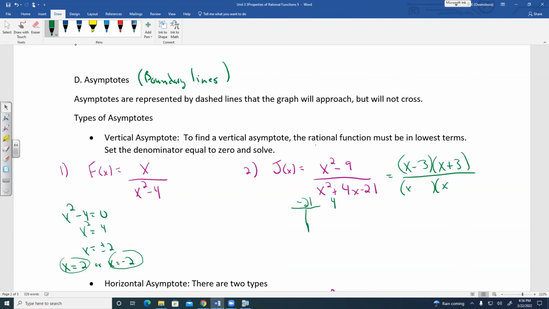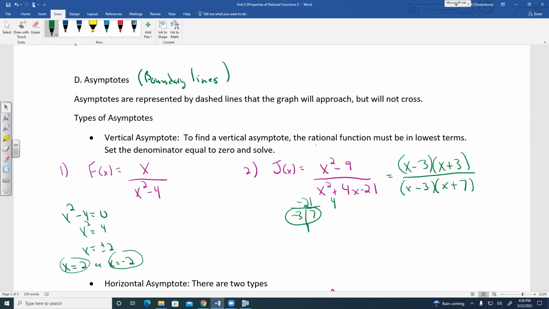The factors of 21 that come to mind are 3 and 7. To get -21, one of them has to be positive and one negative, but to get a positive 4, the 3 would have to be negative. So -3 times 7 does give me -21, and -3 plus 7 does give me 4. That becomes my second factorization, x minus 3 and x plus 7.